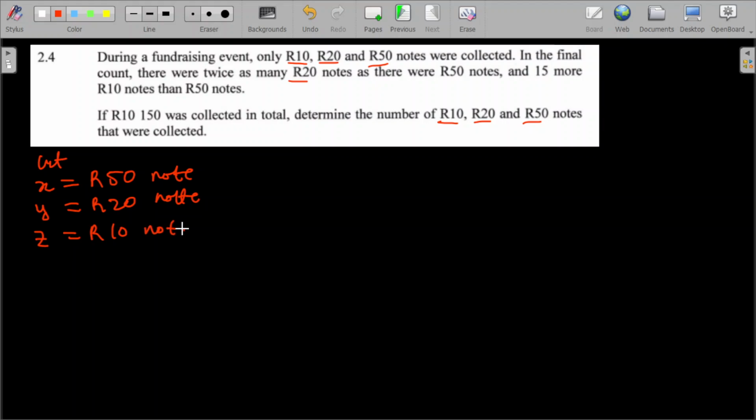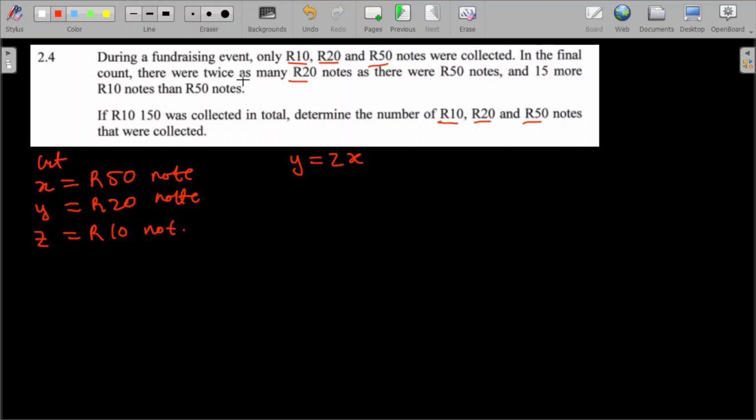So now, from the equations that I can form here, remember they told me that there were twice as many 20 Rand notes as 50 Rand notes. So I can say y is equal to 2x.